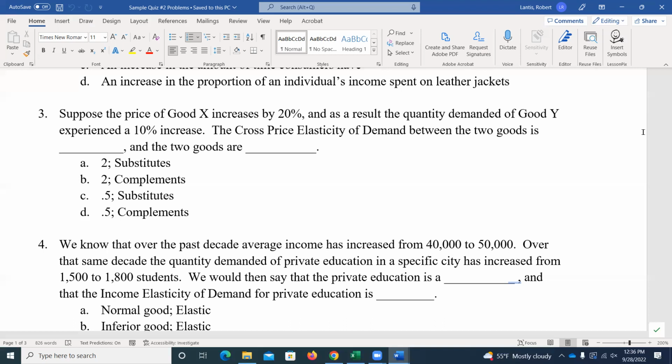Batteries and anything that requires batteries. And so anytime I see this elasticity measure be negative, that's where we said we have complements. Okay. So a positive cross price elasticity means substitutes, negative cross price elasticity tells us they're complements.